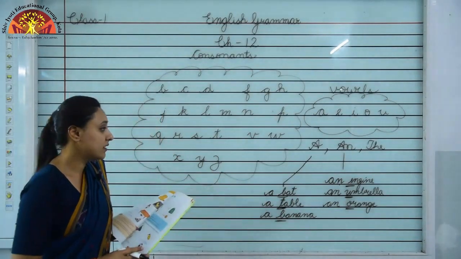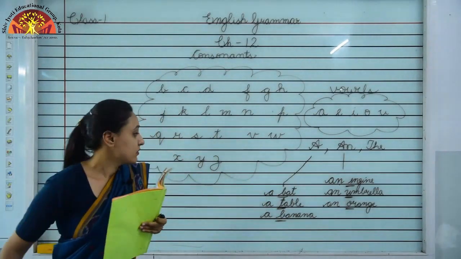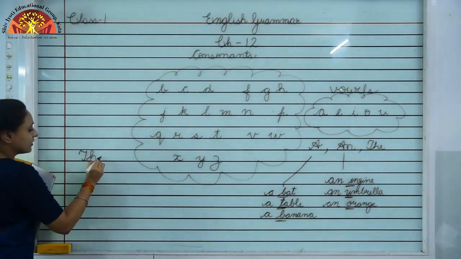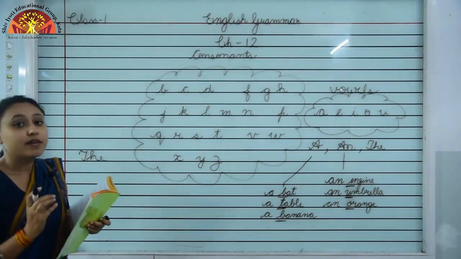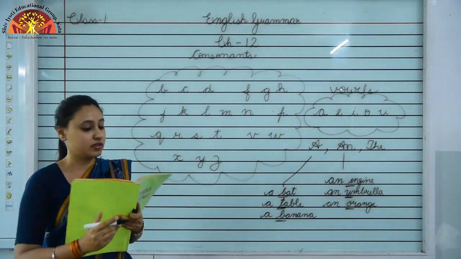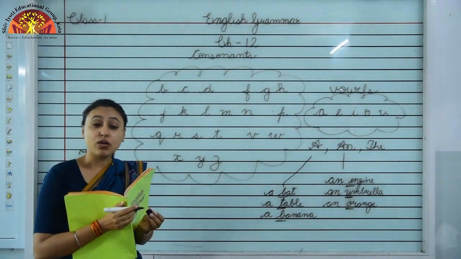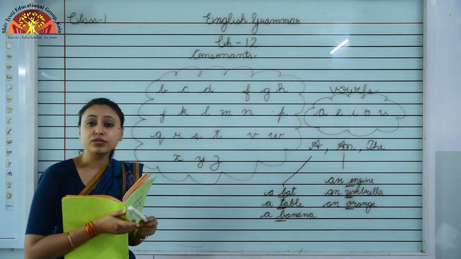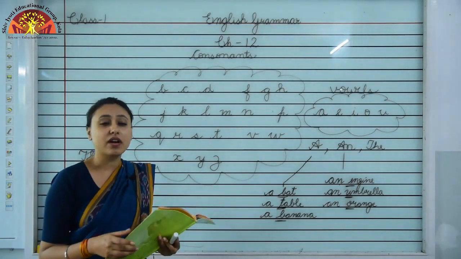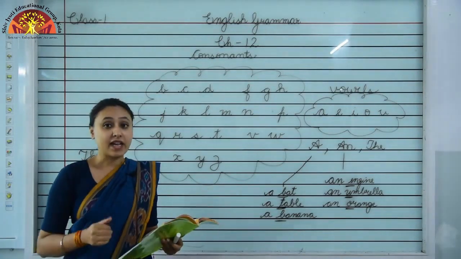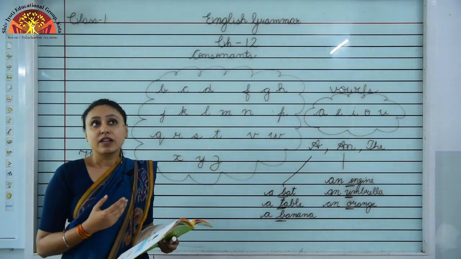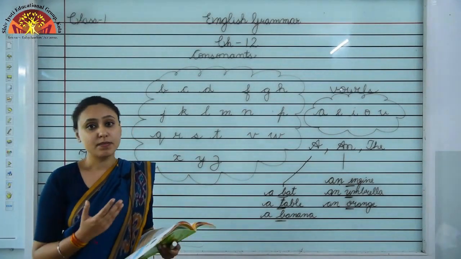Okay, now we learn about THE. So children, we use THE when we want to talk about a specific thing, a particular thing. Also, we use THE when we want to talk about things which are the only one in the world, like sun, moon, earth, Taj Mahal, Red Fort, Himalayas, Mount Everest.